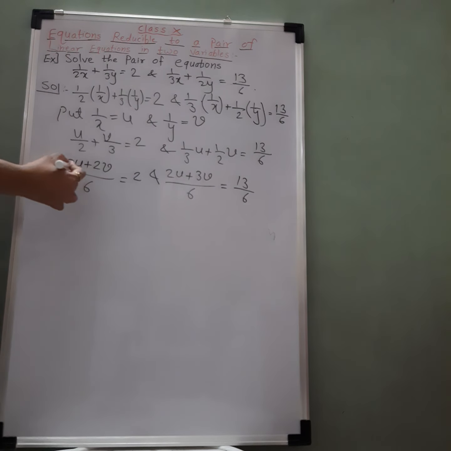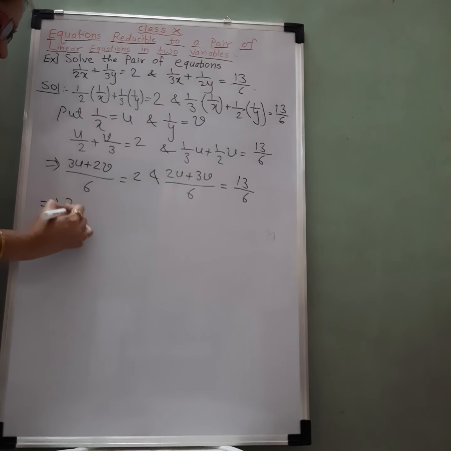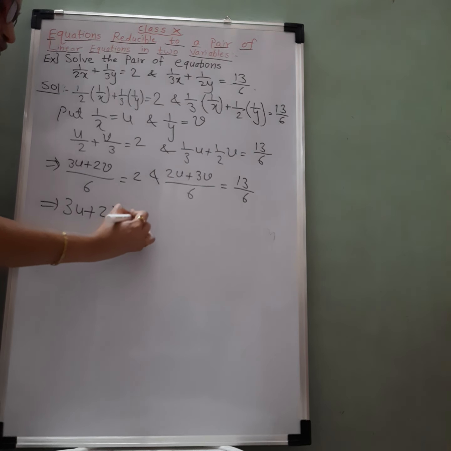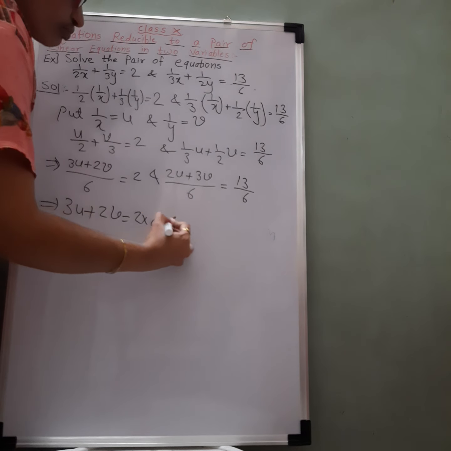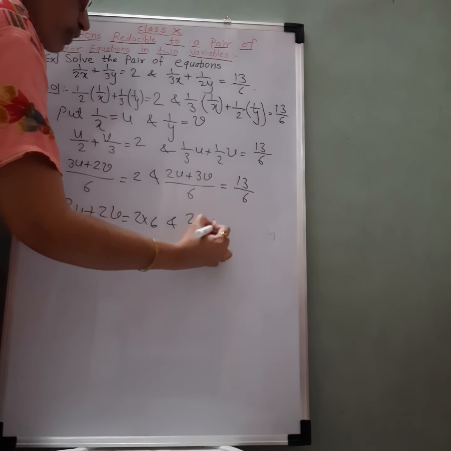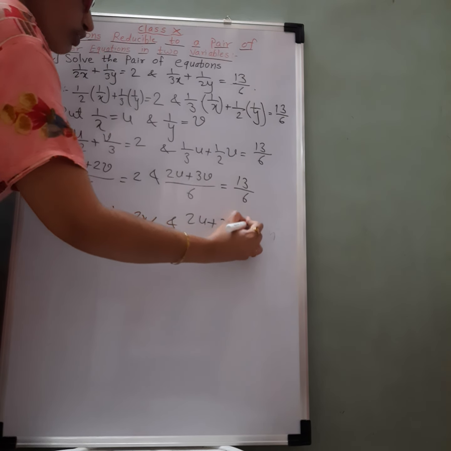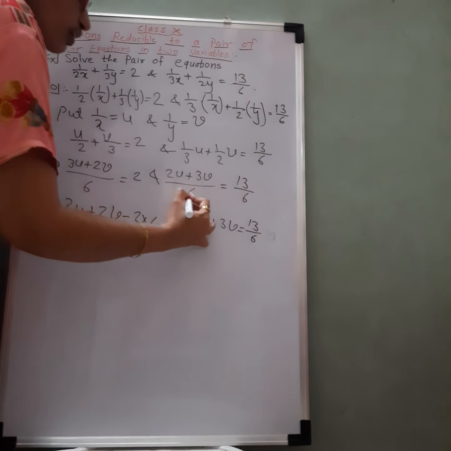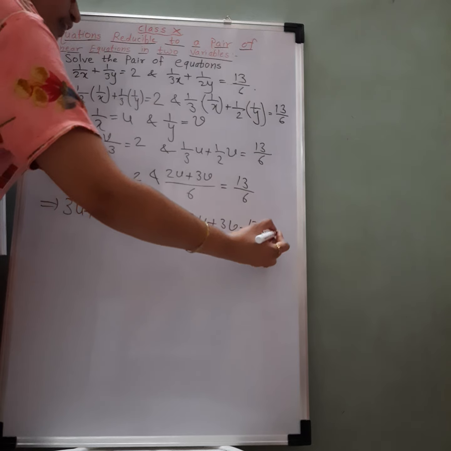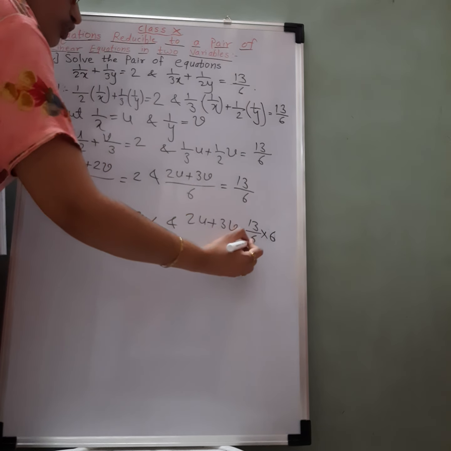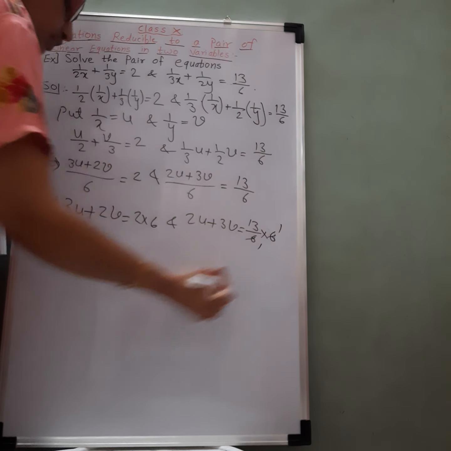Now transposing this 6 to the RHS, you will get 3u plus 2v is equal to 2 into 6 and 2u plus 3v is equal to 13 upon 6. Since it is in the denominator, when it goes to the RHS, it will multiply. So 6 ones are 6, 6 ones are 6.